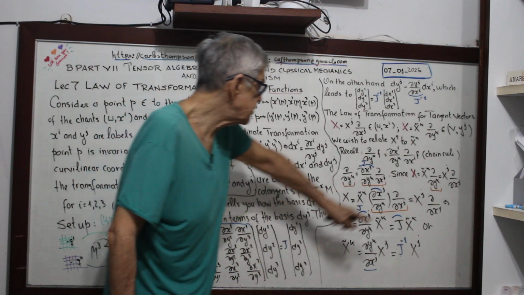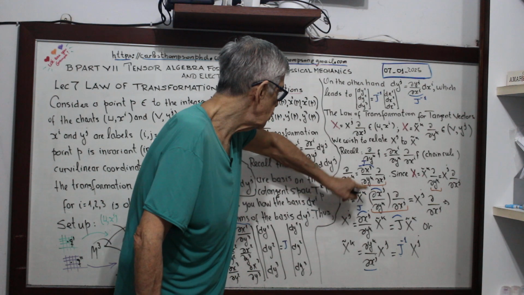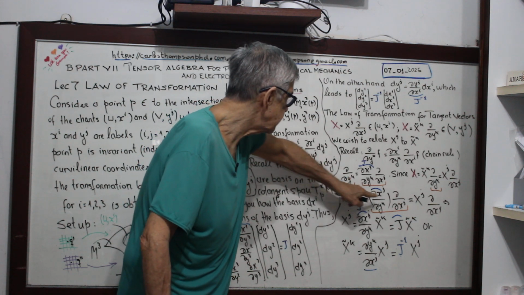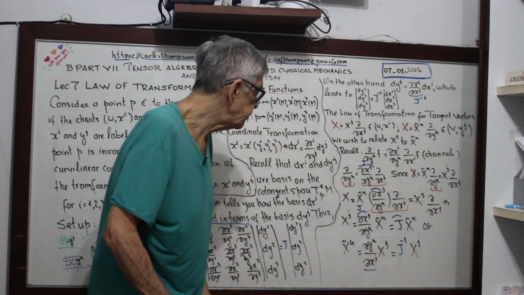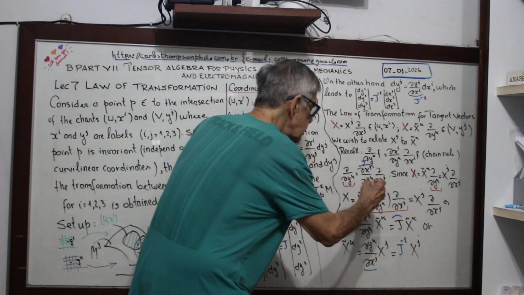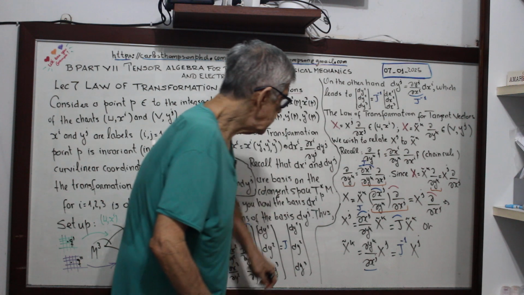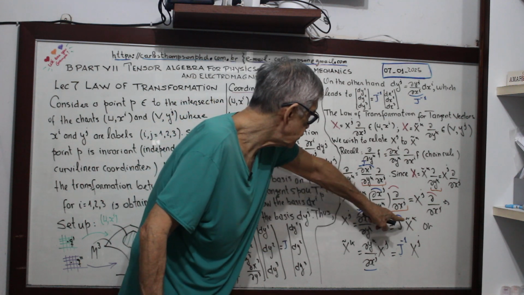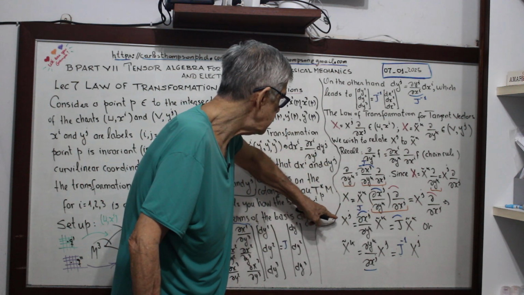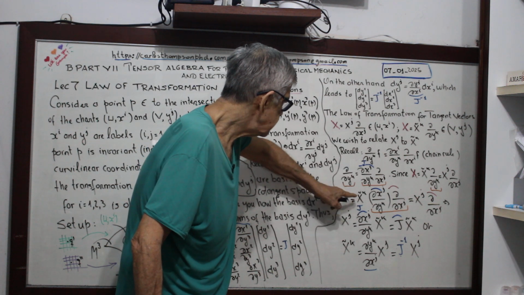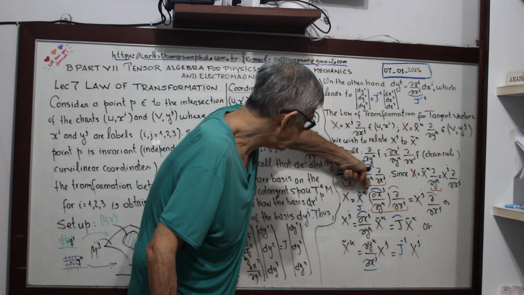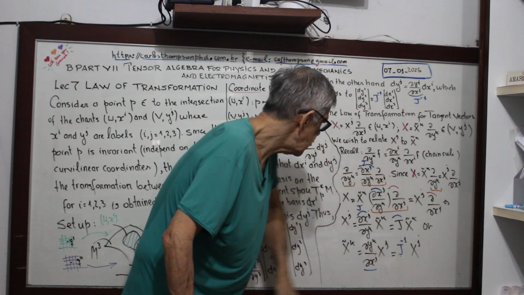So then I substitute, quite easy over here, and I can get the relation. I compare this one and this one. This leads to this relation over here. It's quite simple, you see? I just compare and relate this with this X^j.